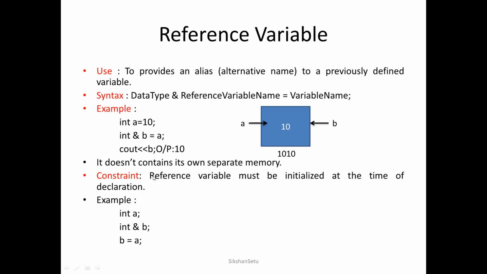So if I write int a, which is a normal variable, then int &b, which is a reference variable, and then I link a and b separately, this is wrong. Why? Because the rule is that at the time of reference variable declaration it must be initialized. But in this case we have separated declaration and initialization, so this can't be done.